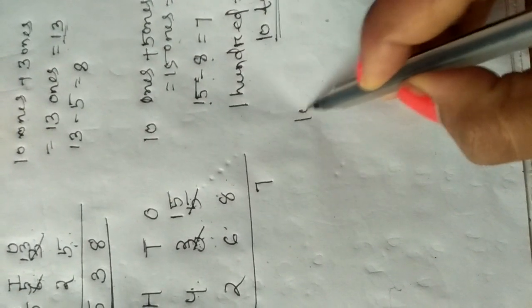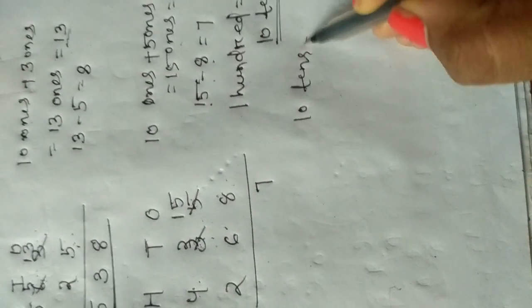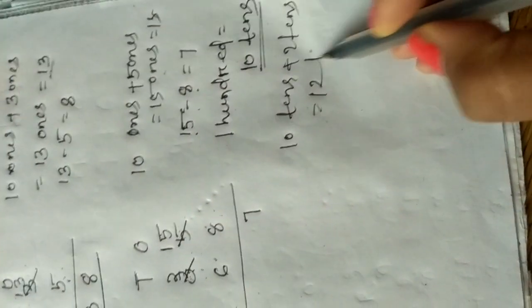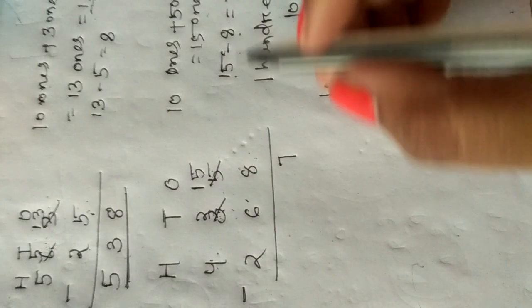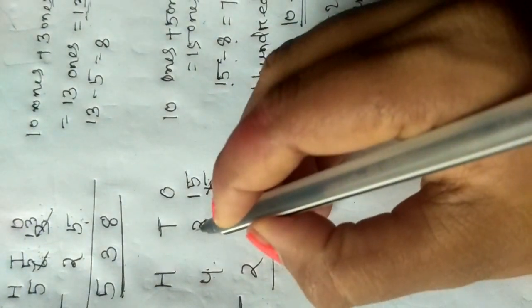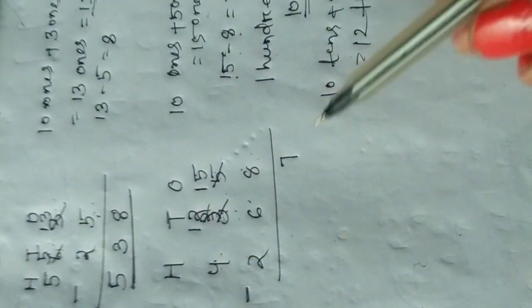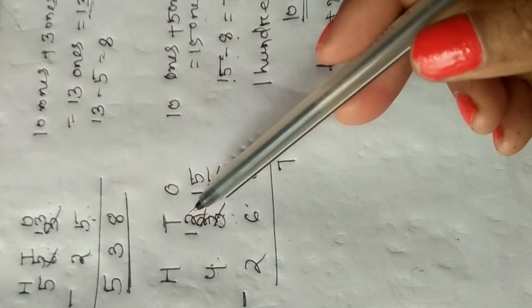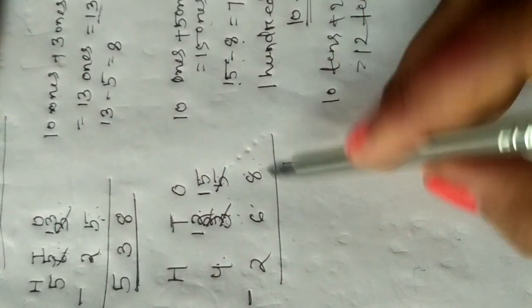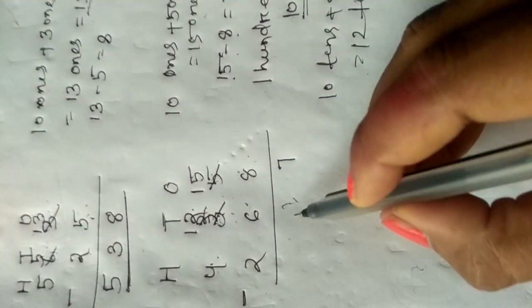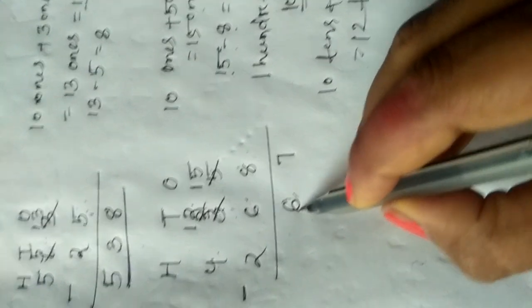Similarly, 10 tens plus 2 tens is equal to 12 tens. So we write here 12. 12 is bigger than 6, so we subtract 12 minus 6 is equal to 6.